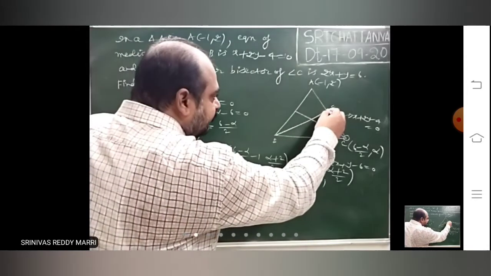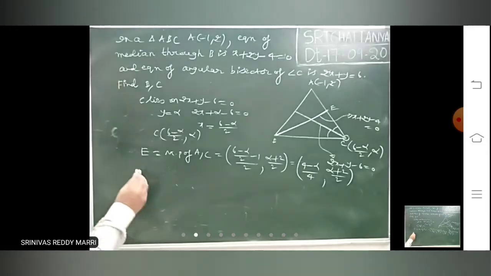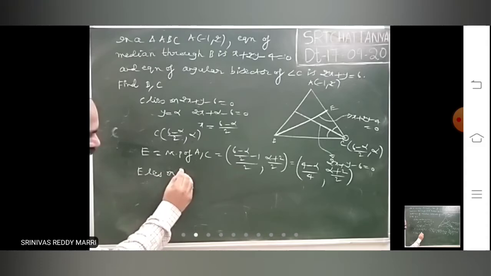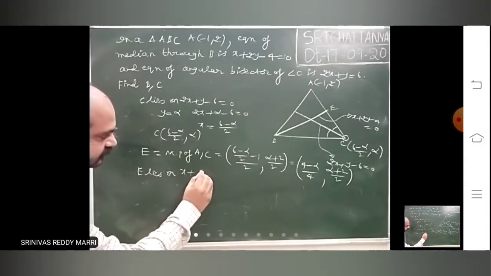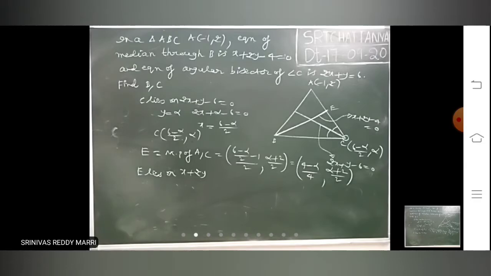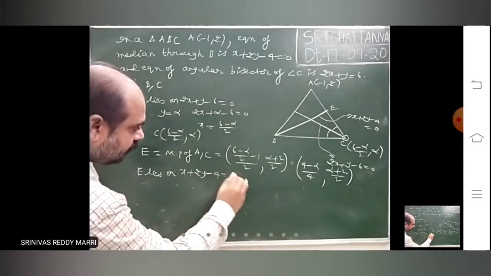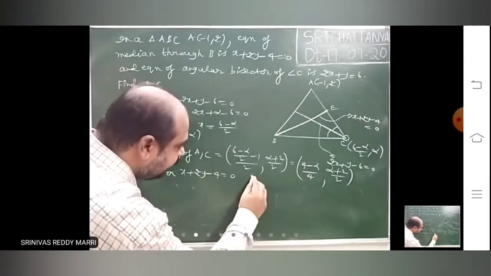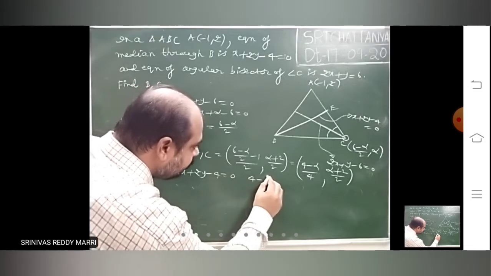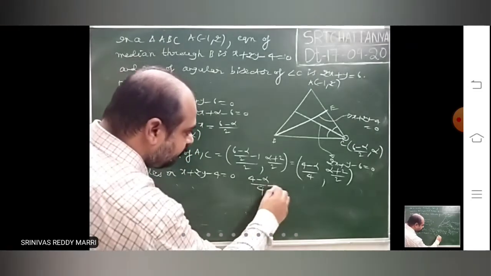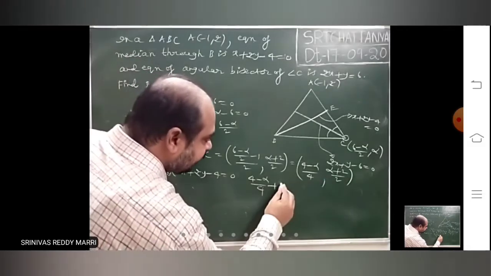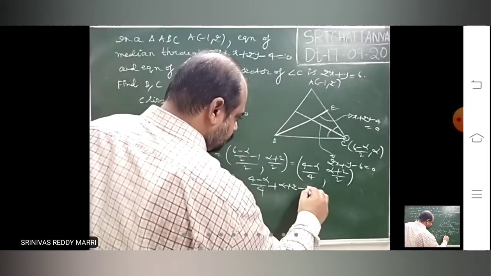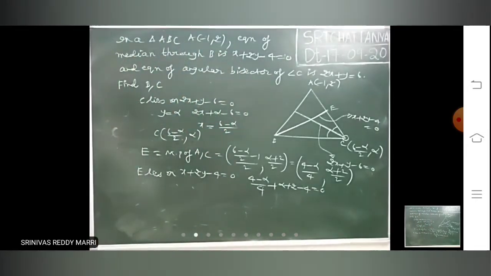So E lies on the median. Look at where E lies. E lies on x plus 2y minus 4 equal to 0. That means this point lies on this line. That means substitute this: (4 minus alpha) divided by 4 plus, if we substitute y, 2 will get cancelled, alpha plus 2, minus 4 equal to 0.